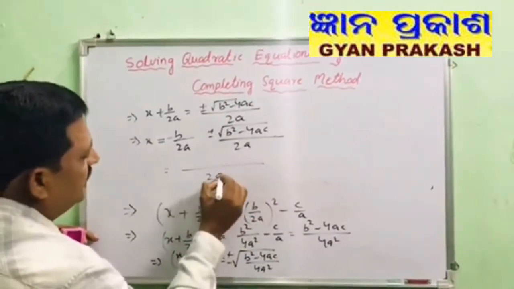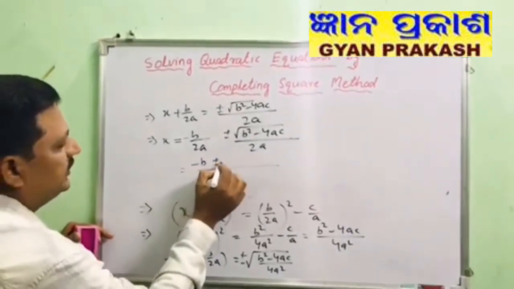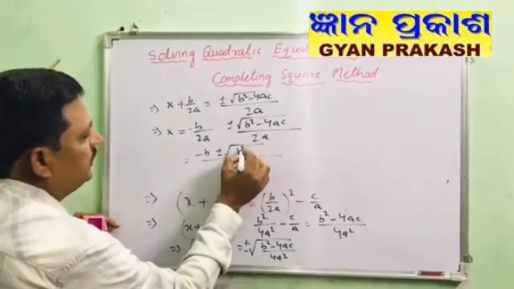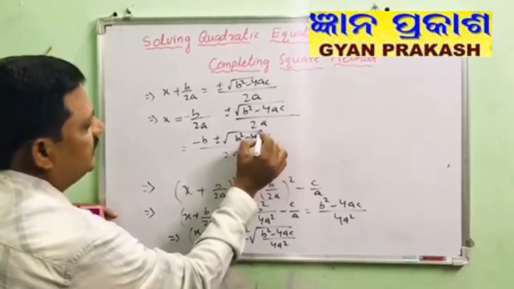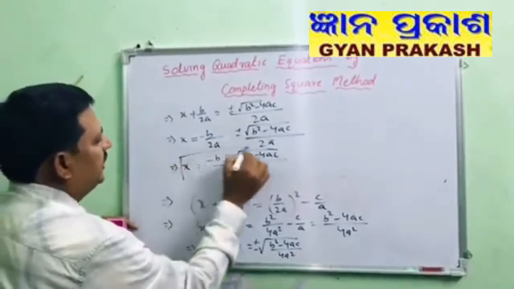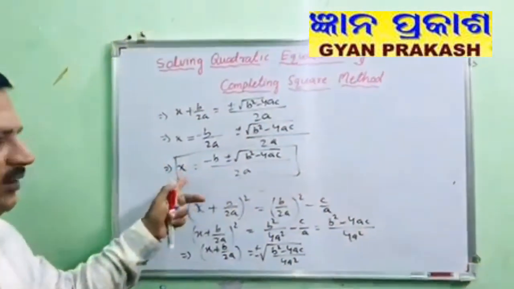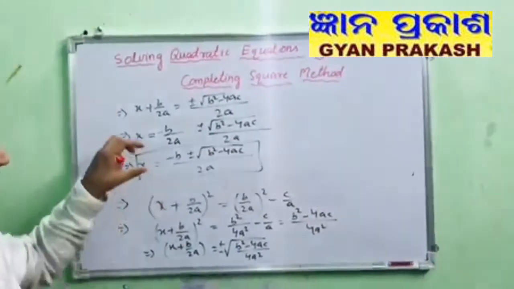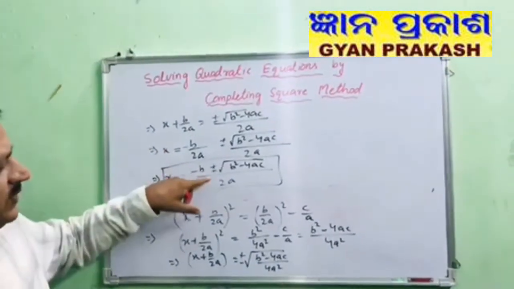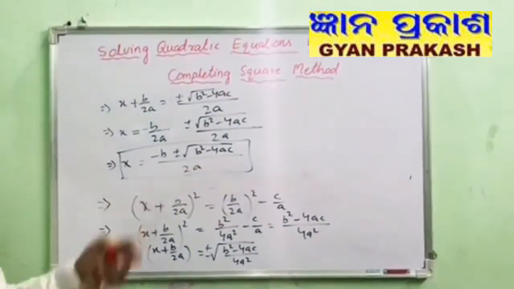Let us take LCM. It is 2a. So we have minus b plus or minus square root of b square minus 4ac by 2a. So we have finally found the value of x. So it is minus b plus or minus square root of b square minus 4ac by 2a, right?